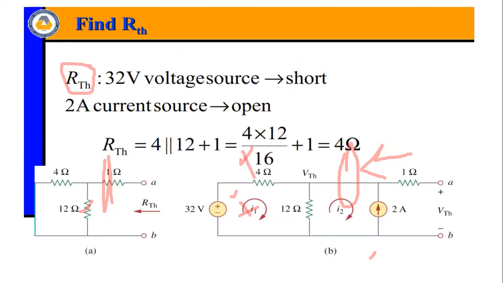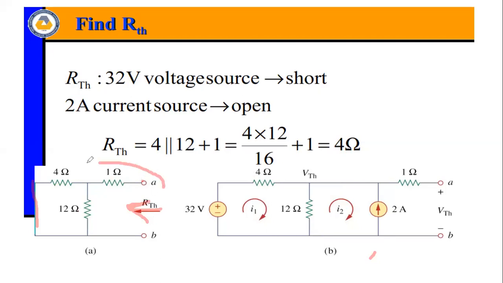So the circuit which we get after shorting the voltage source and opening the current source is this one, and the terminals have been left open where we need to find RTH, across AB. So this is the circuit for RTH. Now can anybody tell me, it is already written, 4 and 12 are in series or parallel?